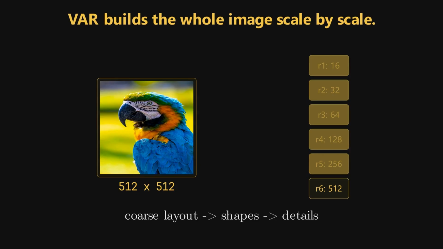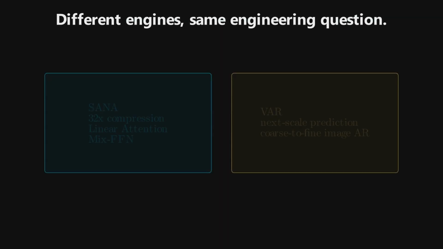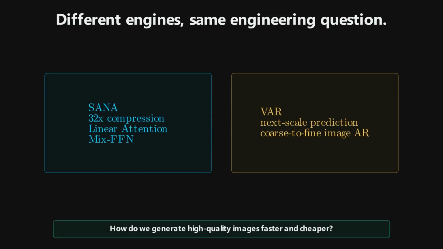SANA and VAR come from different directions. One makes diffusion lighter with compression and linear attention. The other rethinks autoregressive generation through scale. But they are both answering the same engineering question. How do we generate high-quality images faster, cheaper, and at larger scale? And when these pieces are placed side by side, the final lesson becomes clear.